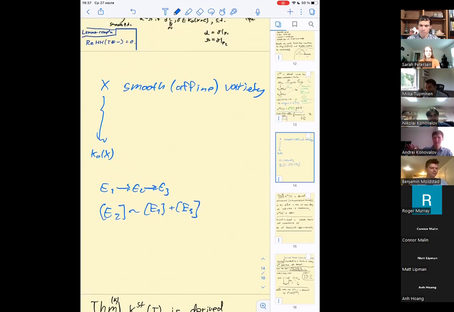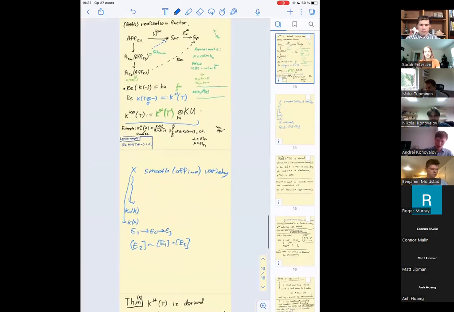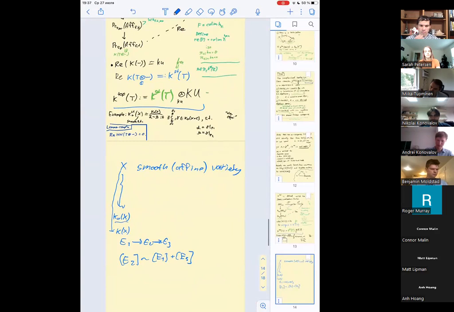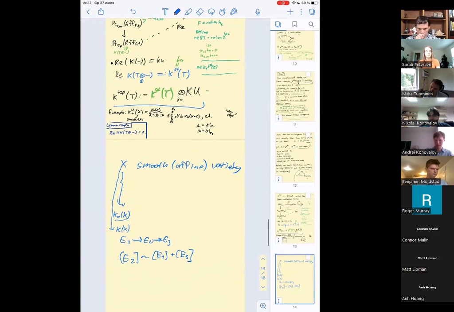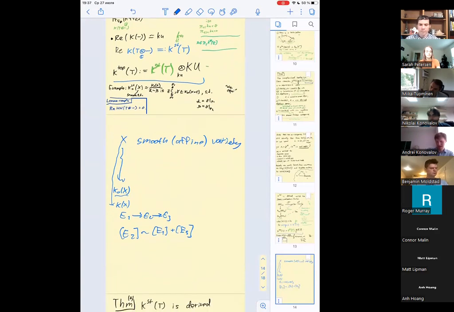I'm not saying what higher algebraic K-theory is, but basically one can assign to X a space or even a nice spectrum K of X, such that its zeroth homotopy group would be equivalent to K0 of X. We are doing the same, putting those kinds of relations, but doing this in a homotopically meaningful way.